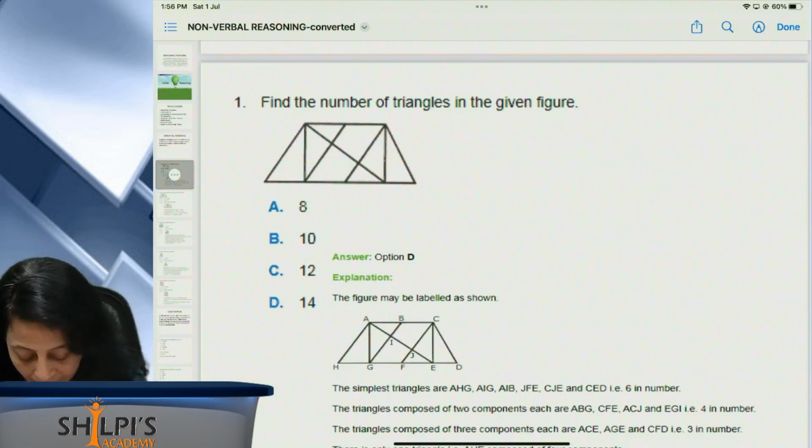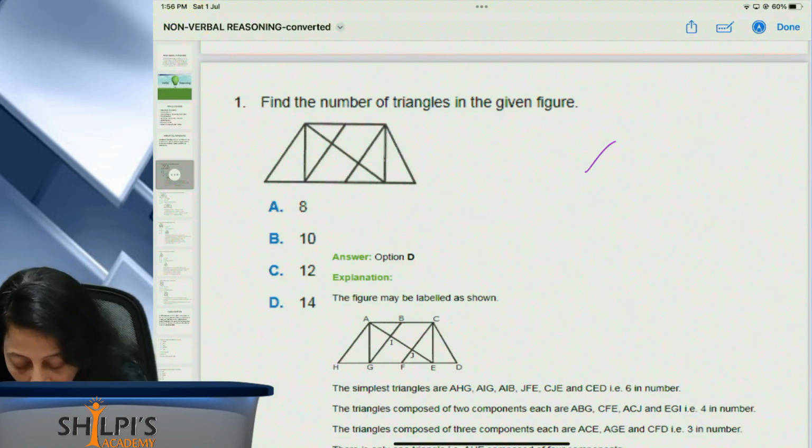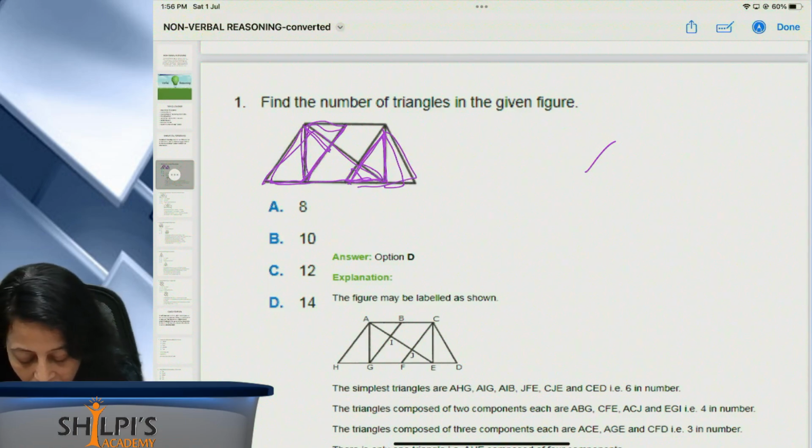So how are we going to draw these diagrams? How many triangles? Just try to draw upon this: 1, 2, 3, 4, 5, then 6, 7, 8, 9, 10.